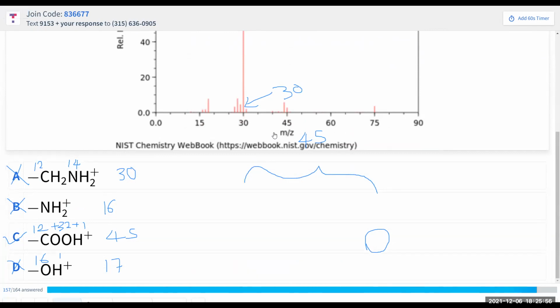It should be A. Now this question is asking what should be lost, and we are losing 45. Whatever fragment corresponds to 45 should be your answer. Any questions, concerns, comments, anything?